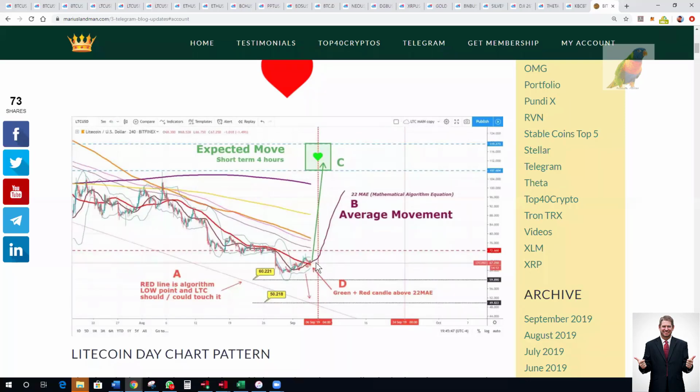The tide is about to turn. This is the pain, like a birth pain, where altcoins will break free. And after 15 September going into October, bang, the altcoins will start to outperform Bitcoin, guys, by far.